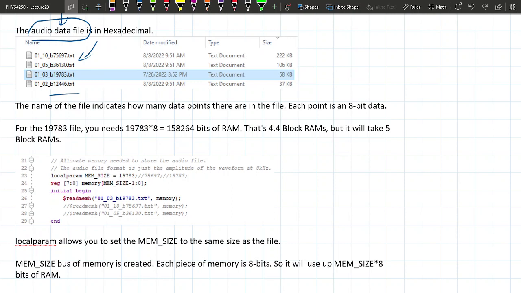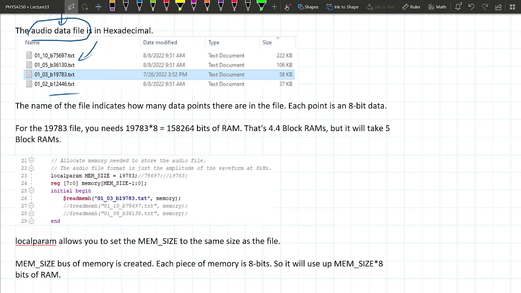In order to load this, you need a memory bank, aka a register, big enough to hold all that information, and this is where it gets declared up here. This register of 7:0, which is how many bits? 8 bits, because our audio file is 8 bits. We'll call it memory, and it has some size, memory size minus 1, because, just like up here, you always subtract 1 because you start counting from 0.